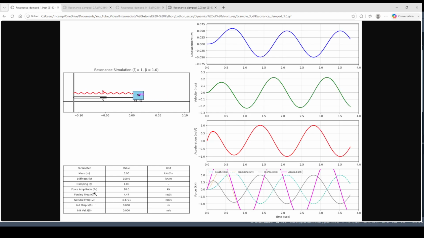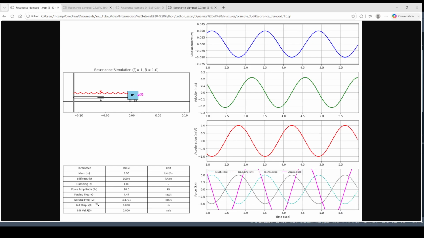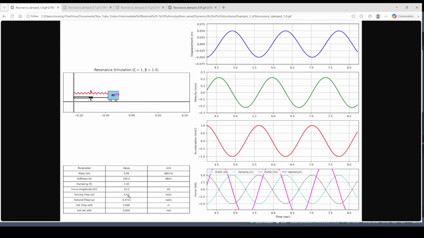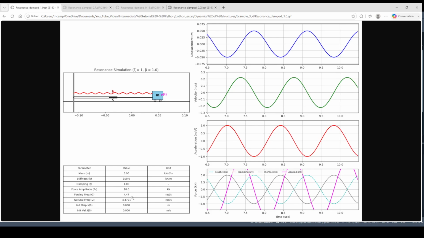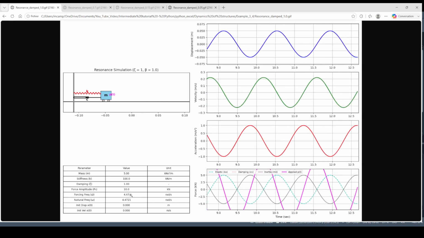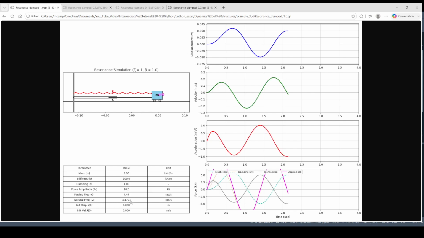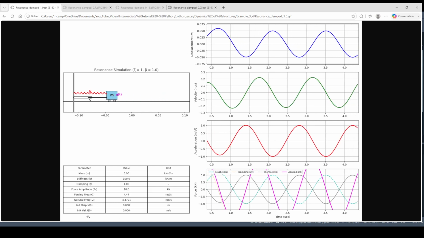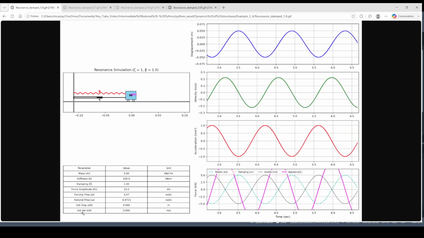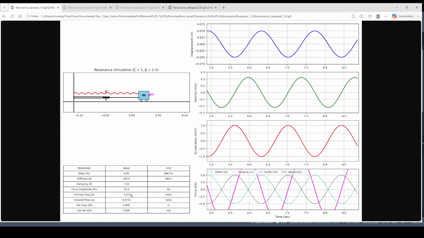We can see the natural frequency omega is equal to 4.47 in the table. The natural frequency is the same. The initial displacement is equal to 0 and the velocity is equal to 0.